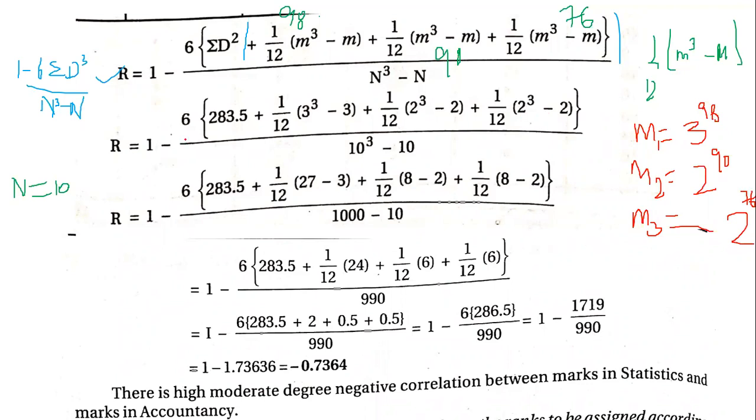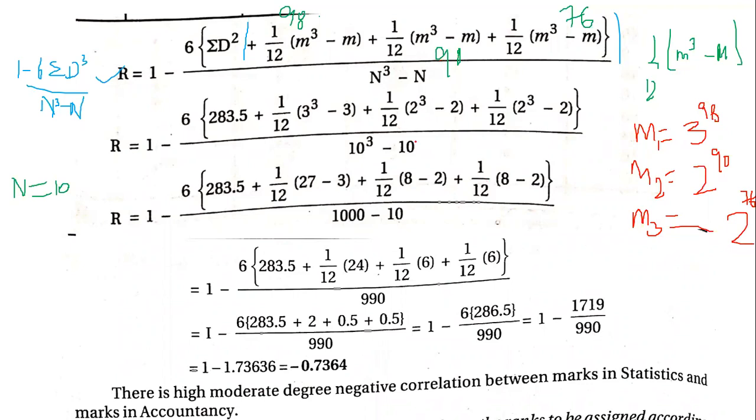So again to repeat, R is equal to 1 minus 6 into sigma d square is 283.5 plus 1 by 12 into, this is first repetition of number, that is 98. 98 is repeated 3 times. So 3 cube minus 3 plus 1 by 12 into, next is for 90. 90 is repeated 2 times.